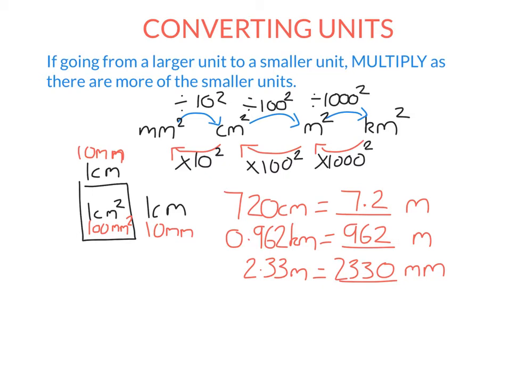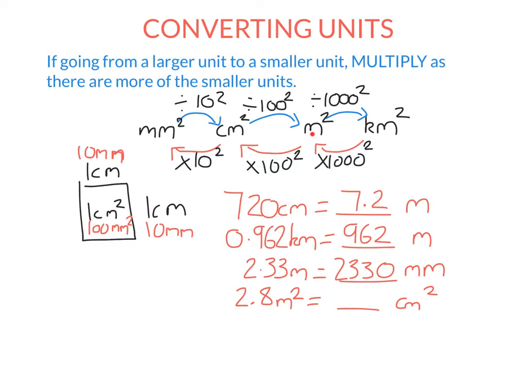So let's say I have something like 2.8 square meters. How many square centimeters will that be? Well, there are 100 centimeters in a meter, so there's 100 squared or 10,000 square centimeters in a square meter.